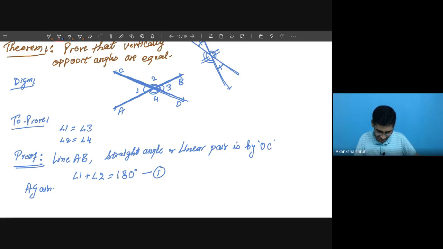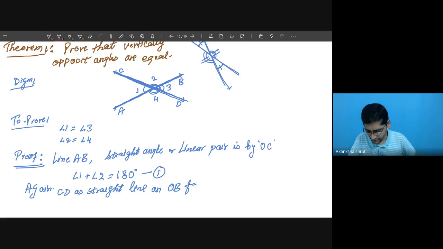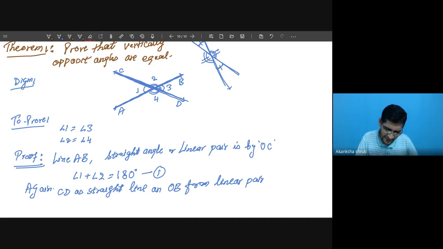Now again, CD as a straight line, and on this CD we have OB, forming a linear pair. I hope students are getting this. So I'm talking about this one.